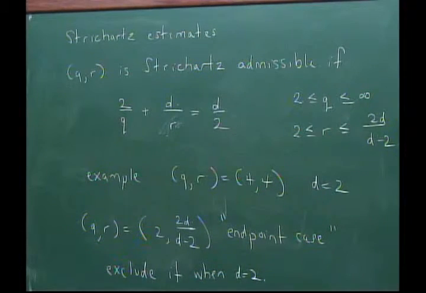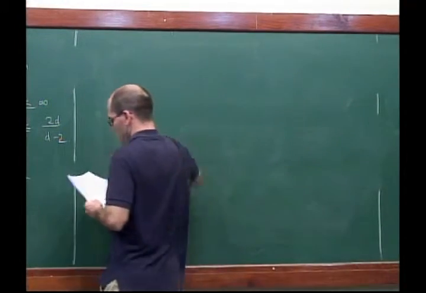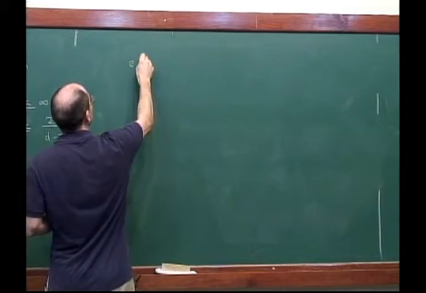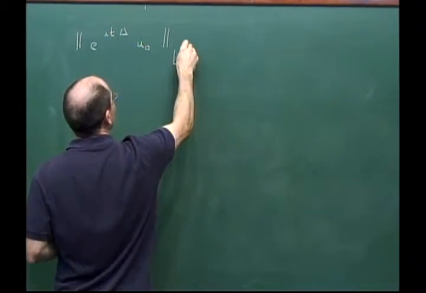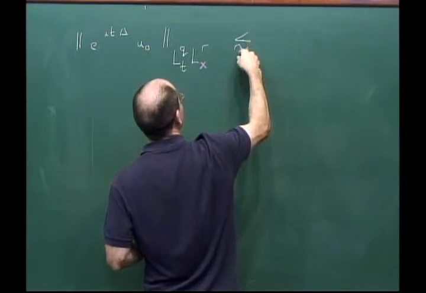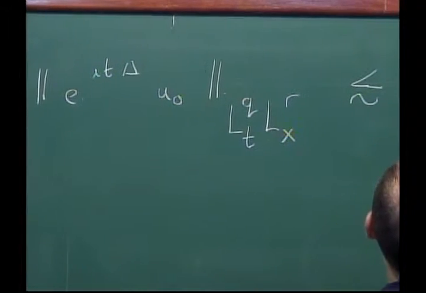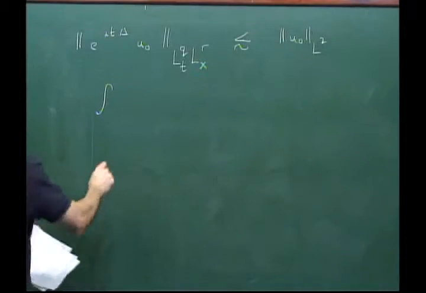And then you get the following estimate. So then you get the estimates: e to the it Laplacian u0, LTQ, LXR, bounded by some constant. So this just means bounded by constant times u0, L2. And there's also an inhomogeneous version of this.